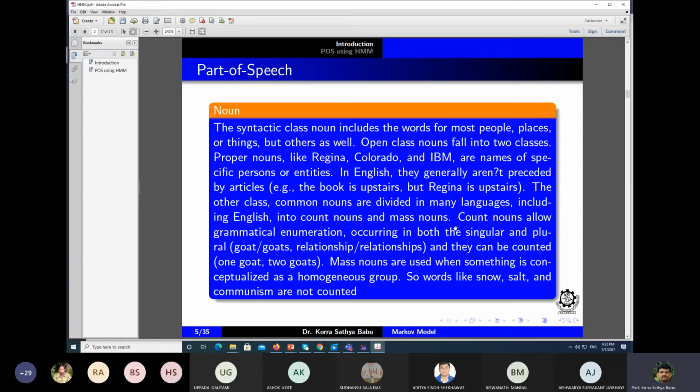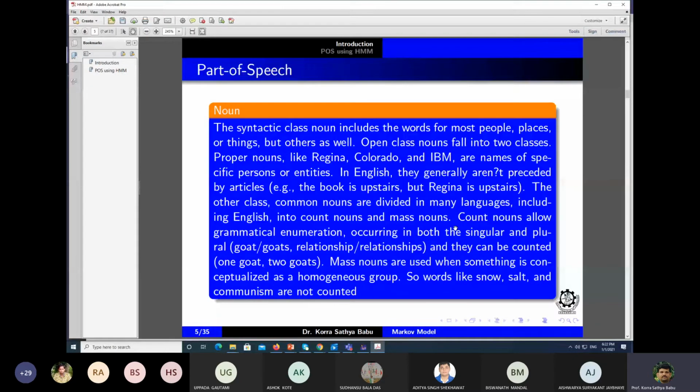In Korean, for example, the words corresponding to English adjectives act as a subclass of verbs. It depends upon the grammatical structure of a language. In Korean there is no adjective; adjective is a subclass of verb. In English, beautiful is an adjective.